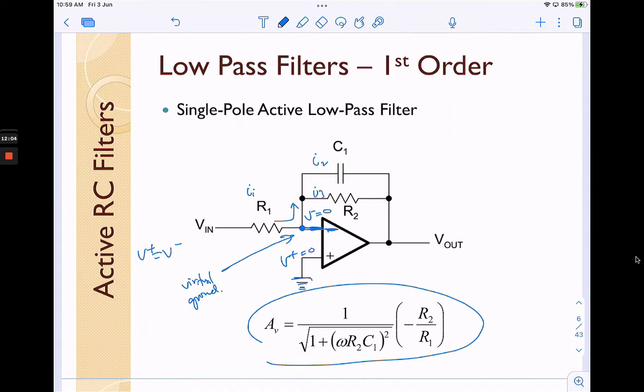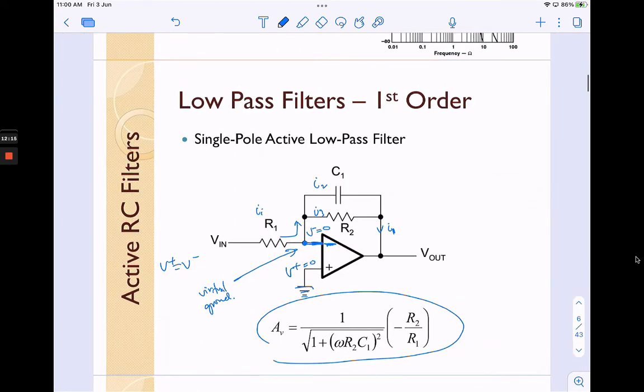So this one becomes I1 again, because the current goes here, splits into I2 and I3, and then is combined again into I1. Okay, so we can say that Vin minus 0 over R1 equals 0 minus Vout over the parallel combination of C1 and R2.